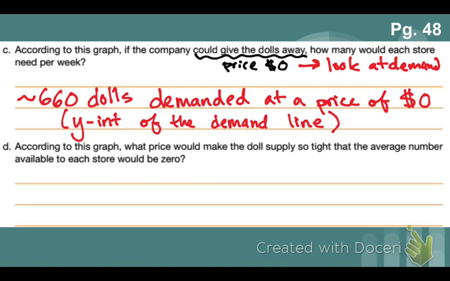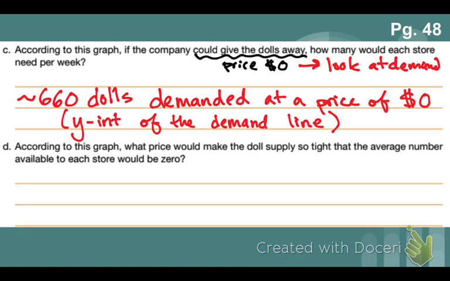Part D says, according to our graph, what price would make the doll supply so tight that the average number available to each store would be 0? What does that look like on our graph? What am I looking for?